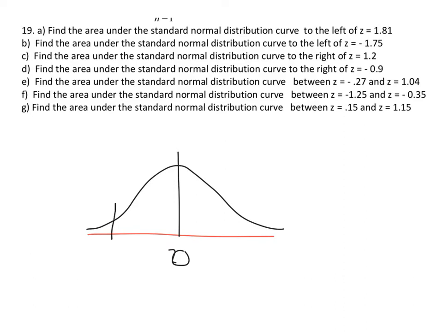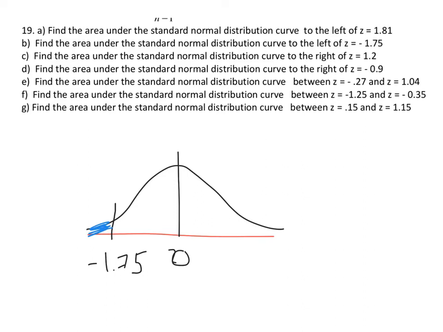So let's put in our z over there, negative 1.75. And let's shade what we want. We want the area to the left of it, so just this little area over here. So it's going to be a fairly small number. Remember, the total area is 1, no area is 0, so it's going to be much closer to 0 than 1, just based on looking at this picture.